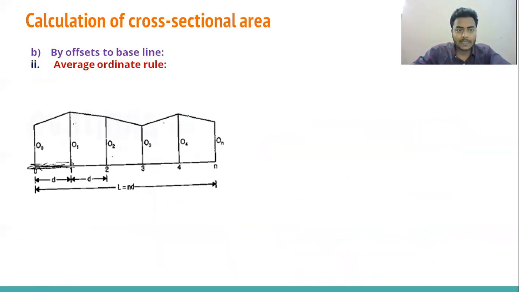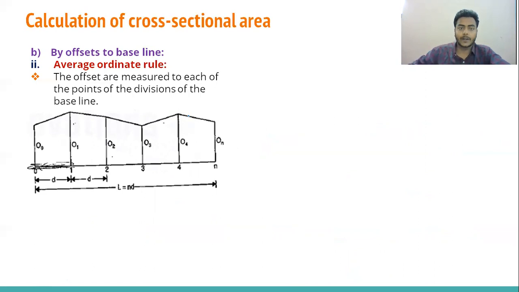By offset to baseline, the average ordinate rule. This case is similar to the previous one, but there is a slight difference in that the offsets are measured to each point of the division of the baseline.